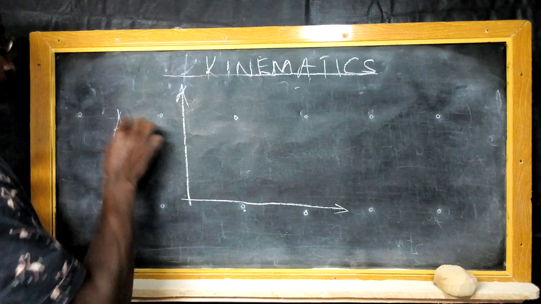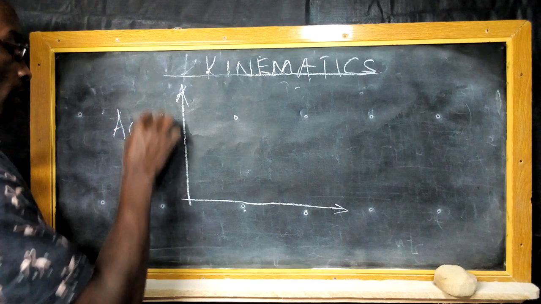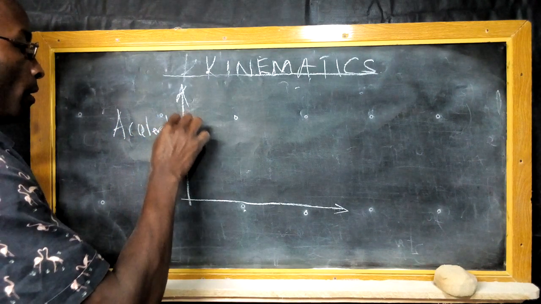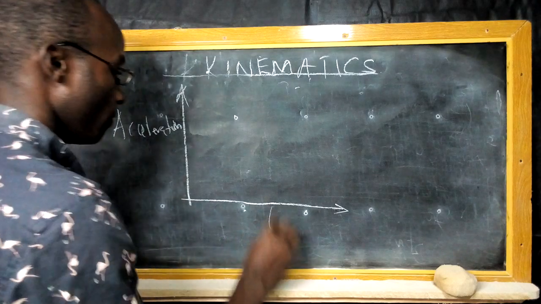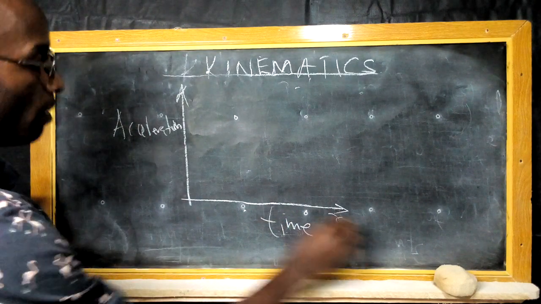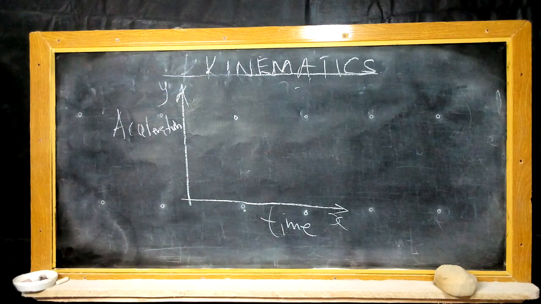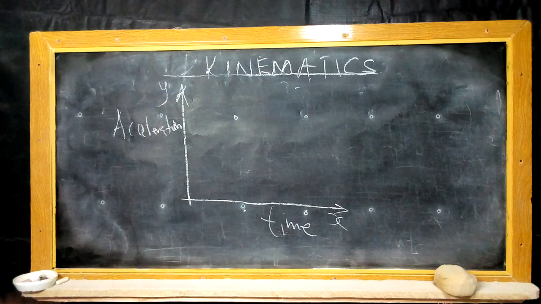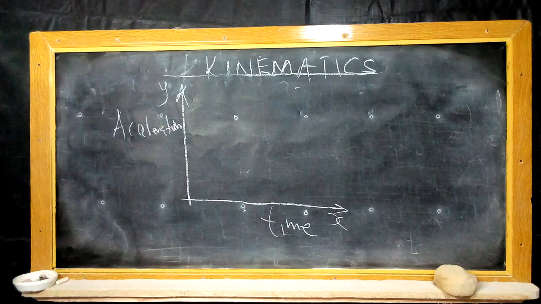This is the acceleration time graph. The time variable will be on the x-axis, and the acceleration will be on the y-axis. For this case, we have dependent and independent variables, which we're going to look at later. But for now, we shall just restrict ourselves to the discussion of graphs of kinematics.